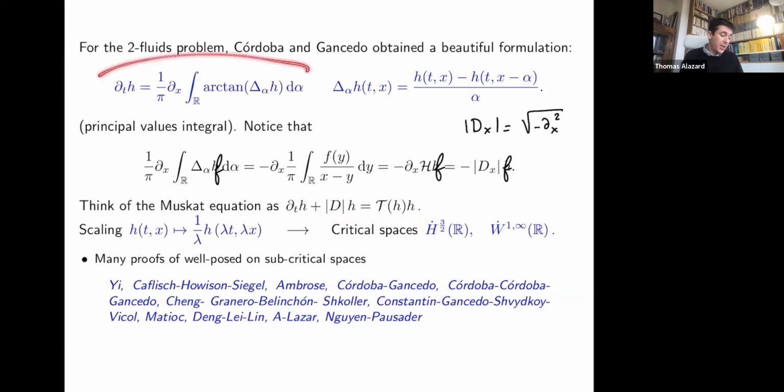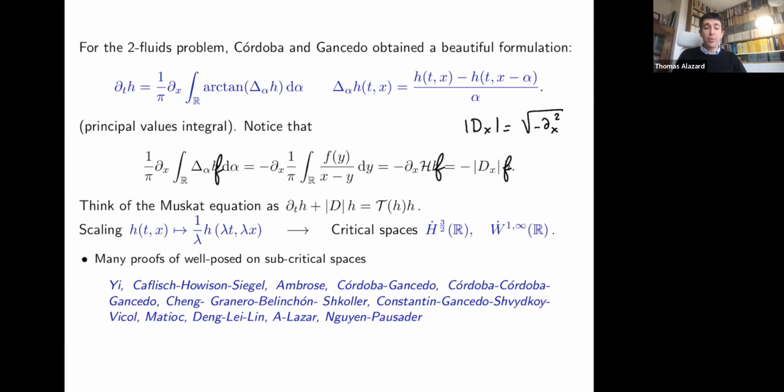On this formulation, it's easy to verify that it is invariant by the following scaling. The equation is invariant if you replace h by 1 upon lambda h of lambda t, lambda x. For that scaling, the critical spaces are the space of Lipschitz functions, or the Sobolev space H of order 3/2.